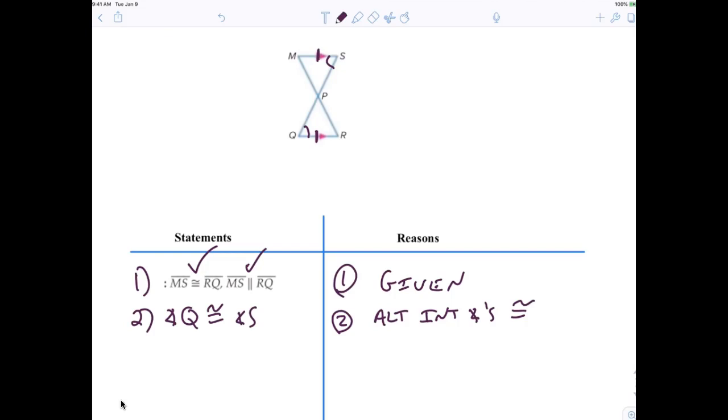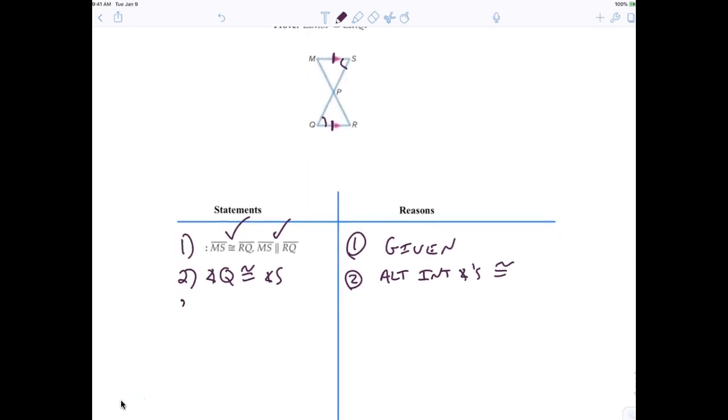Come on. You said vertical angles. That's not vertical. There's only one set of vertical angles on that figure. SPM. Yes, there we go.